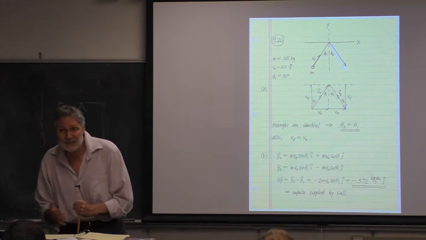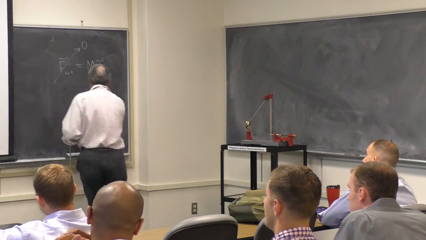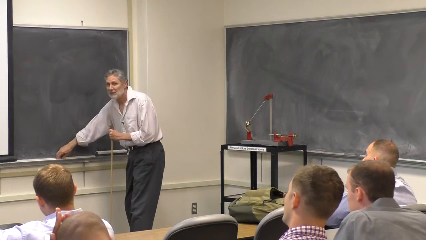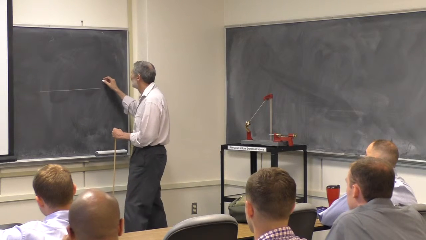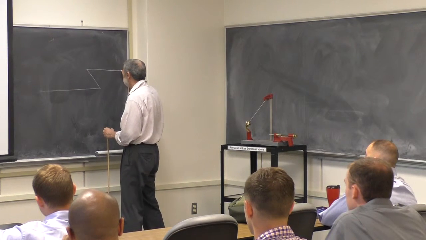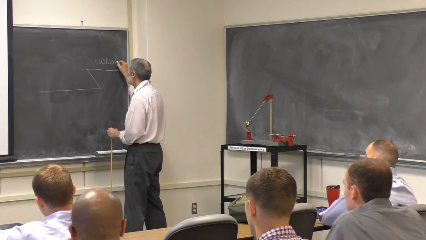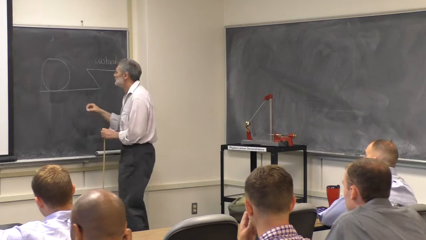So one of the classic problems is this. We could do this at this level, but it's a little too complicated, so it's normally done at the next mechanics course. The situation is, this is the cushion, looks something like this. Here comes this ball.